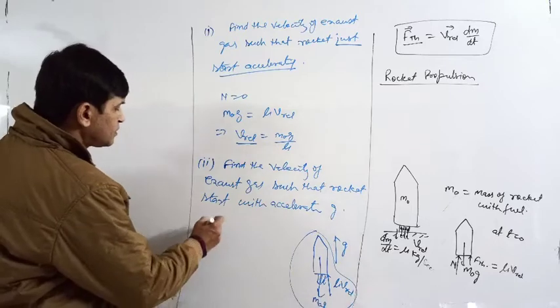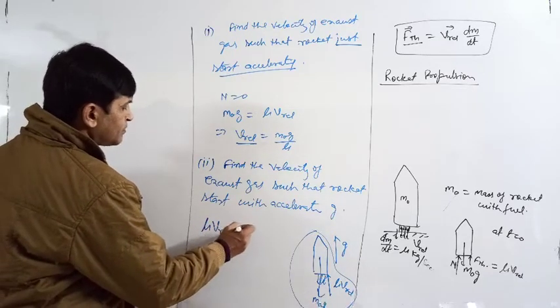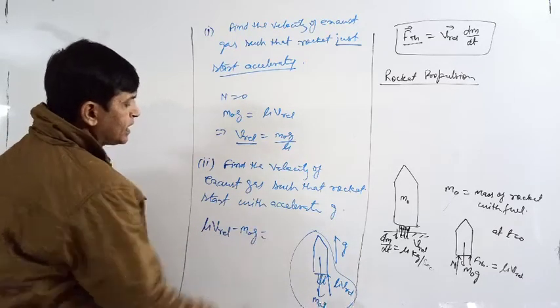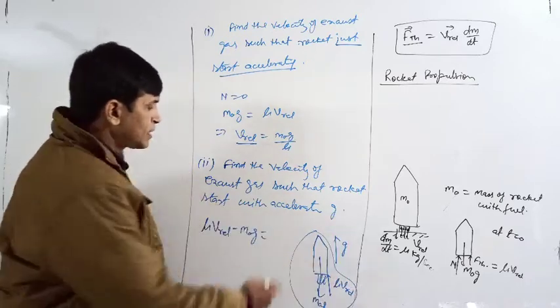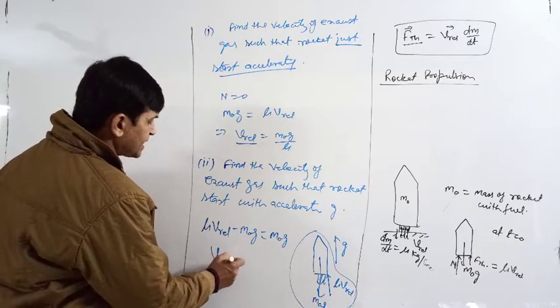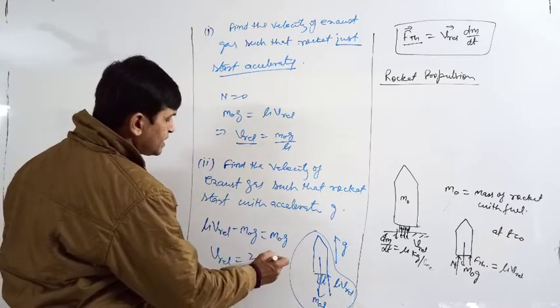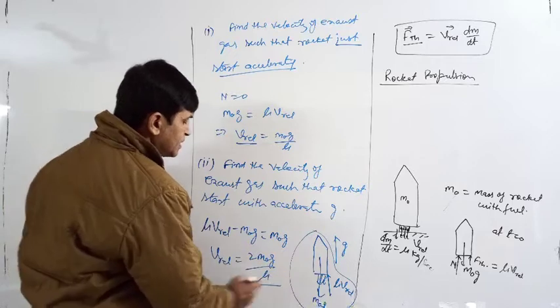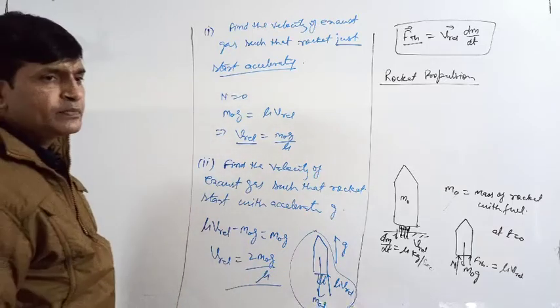Net force is mu V relative minus m naught g, and this is equal to m naught a, with m naught the mass at the initial time. So here you will get V relative is equal to 2 m naught g by mu. This type of question can be asked.